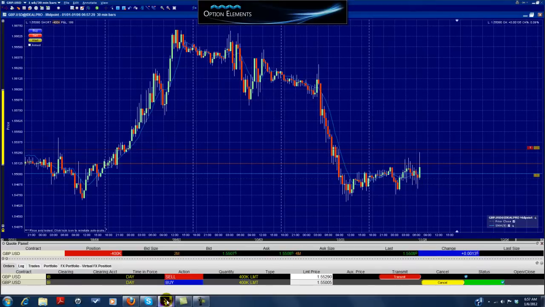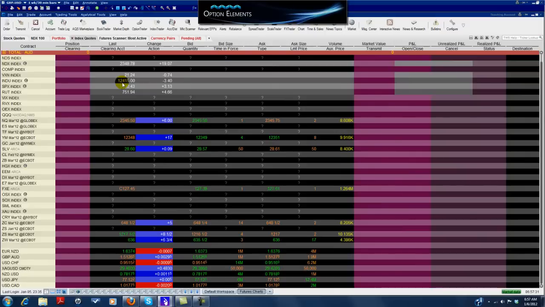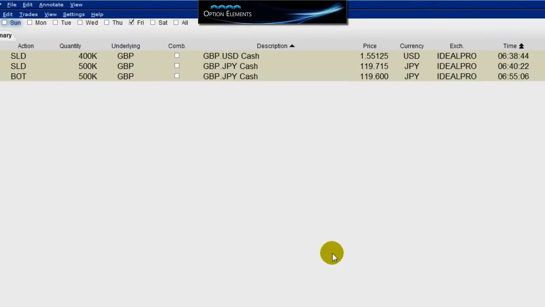Let's go in and visit our trade log for this morning. Okay, here's our yen trade. As you can see, we sold 500 at 71.5, and we bought those 500 back at 60.